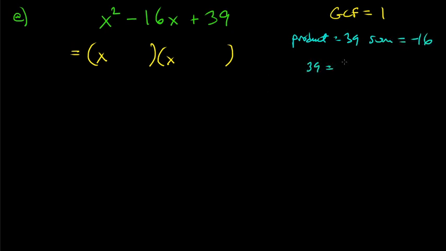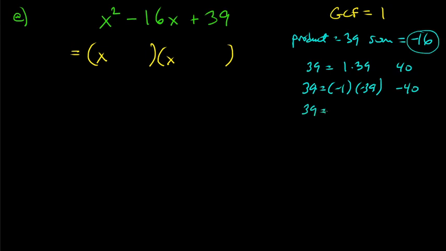So 39 is obviously 1 times 39, but that adds to 40. And it's not negative. So that tells me that both numbers should be negative. So negative 1 times negative 39 is positive 39, and negative 1 plus negative 39 is negative 40. But we're looking for negative 16. Okay, so 39 is not an even number, so we can't divide by negative 2.